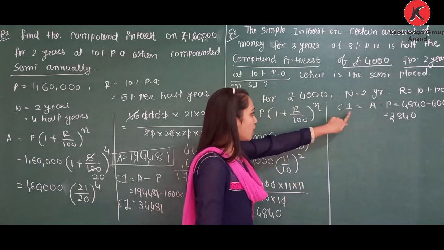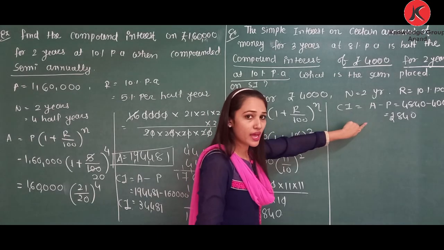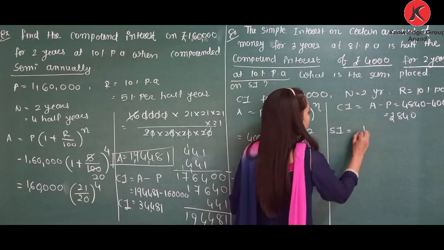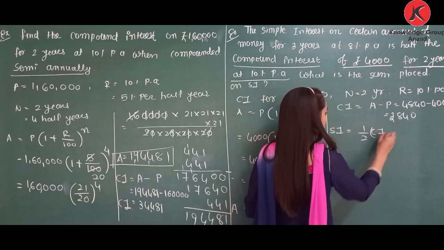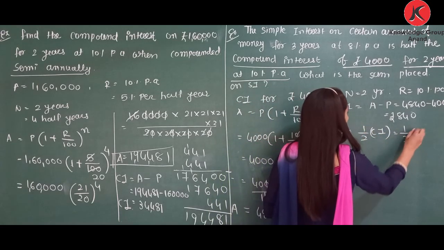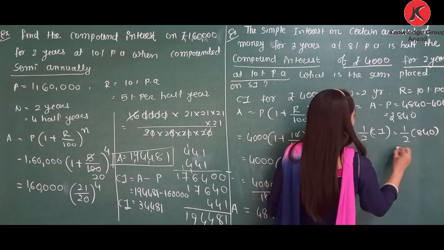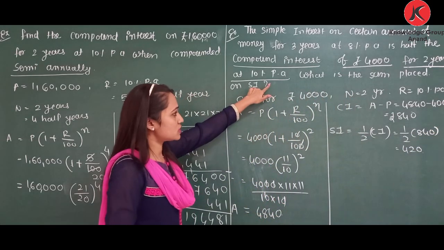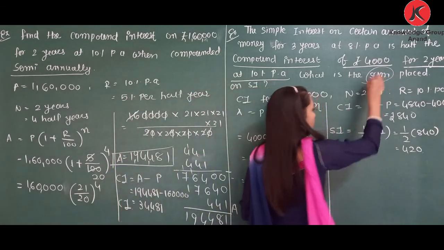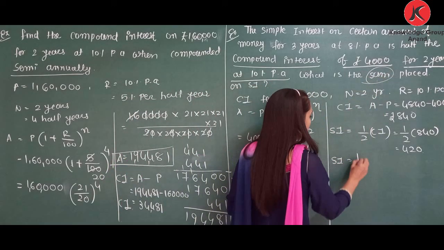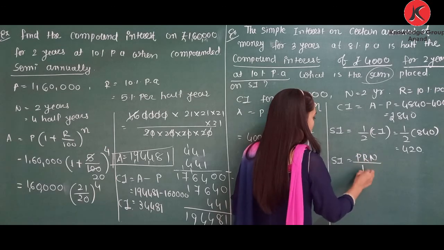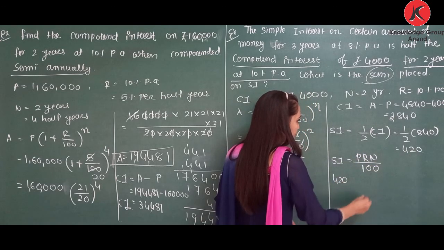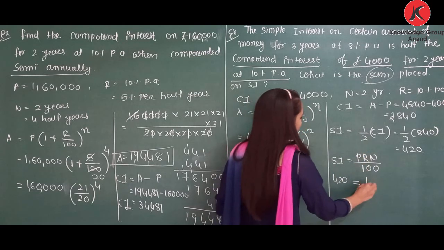Now this compound interest, if we take half of that, that will be simple interest. So simple interest is 1/2 of compound interest. So that is 1/2 of 840, so it is 420. Now we need to find the sum, meaning principal value. We can write SI is equal to PRN divided by 100. Simple interest is 420. P, that we need to find.